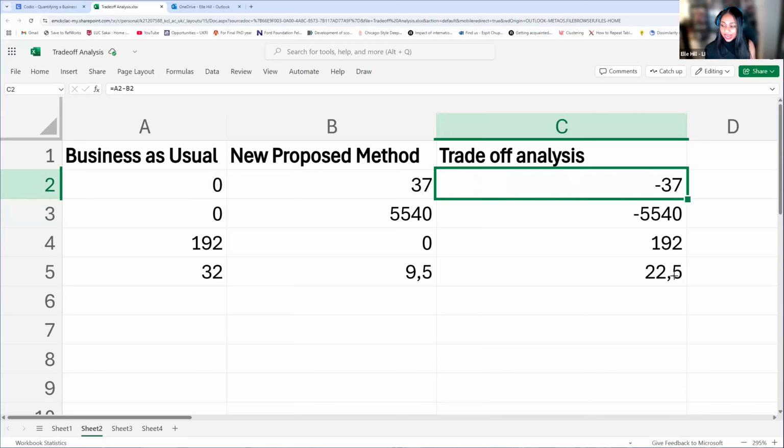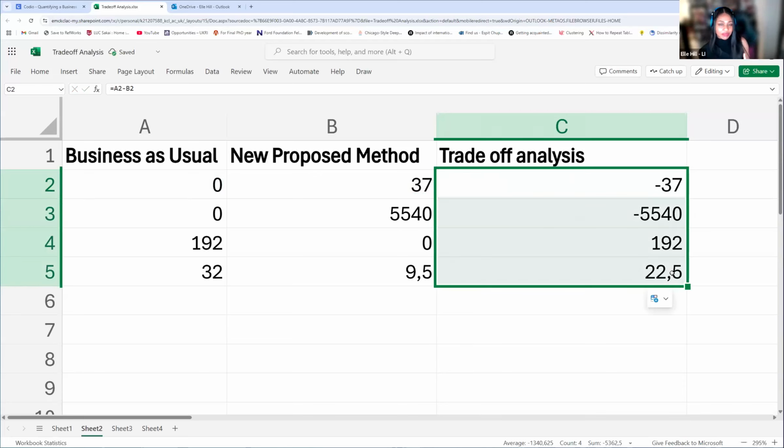Now Excel understands that whenever I see cells in column C, you want me to automatically calculate this subtraction, A minus B for each cell.